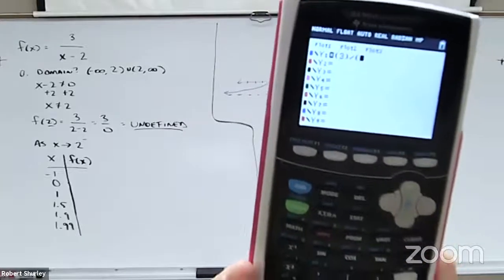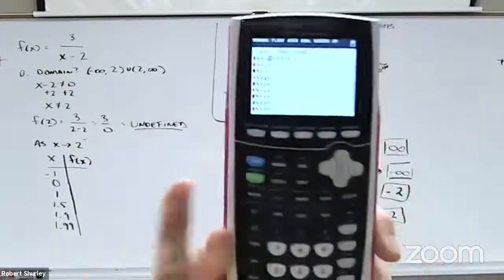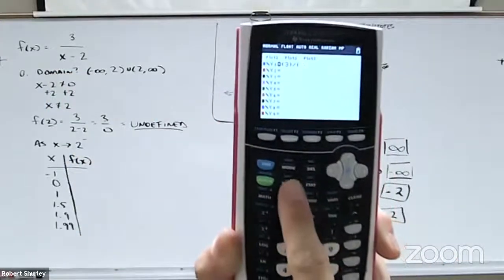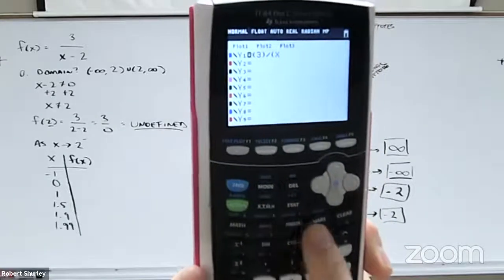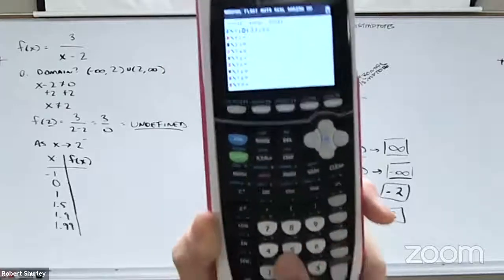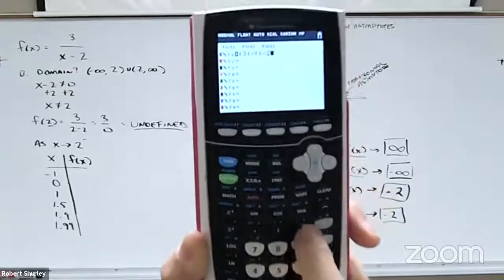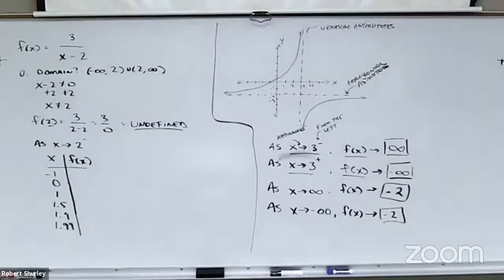Now remember, to get the x in here, I've got to press the x comma t comma theta button. So I opened up a set of parentheses. I did x. I'm going to do the minus key, which is down here somewhere. Minus, was it 2? And then I'm going to close this set of parentheses. Boom. Okay.